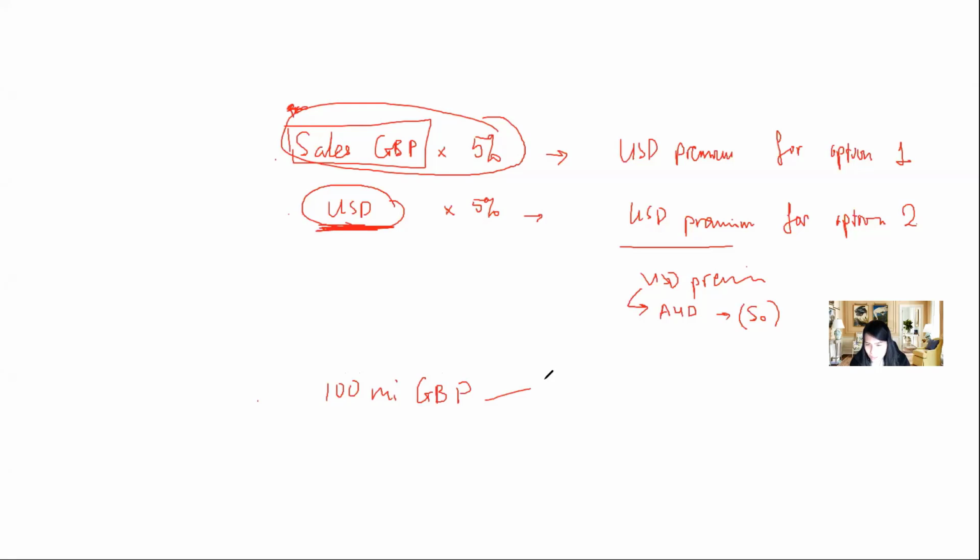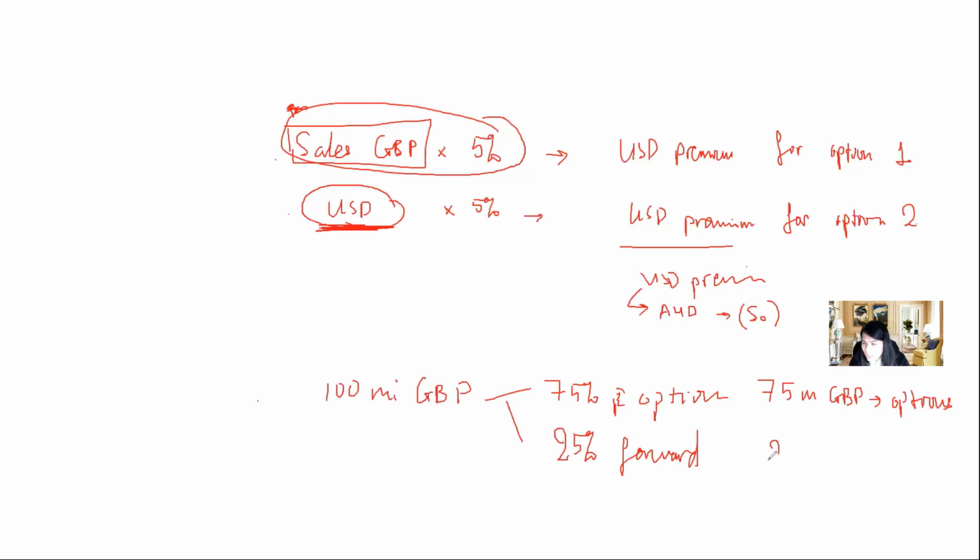And then if I do a 75% option hedge and 25% forward hedge, that means I'm going to hedge 75 million pounds using options, and I'm going to hedge 25 million pounds using forward, okay?